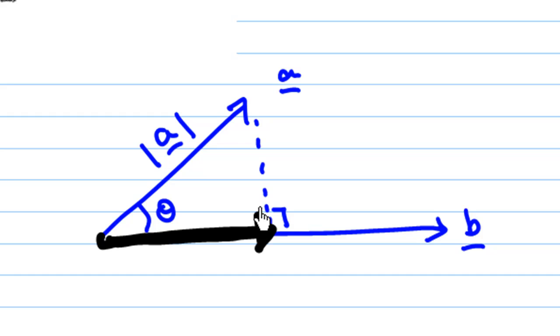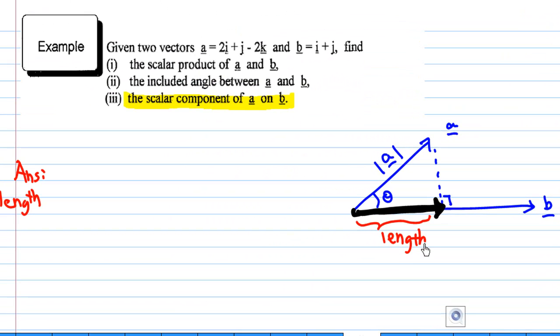Now, the length of this vector is what we call the scalar component of a on b. So this is the length we're looking for. This is called the scalar component of a on b. So the answer is looking for the length.